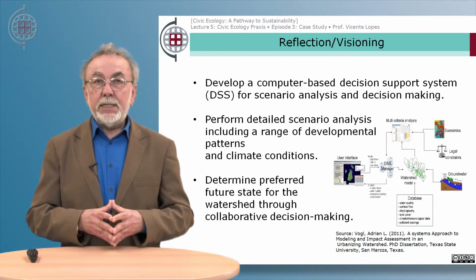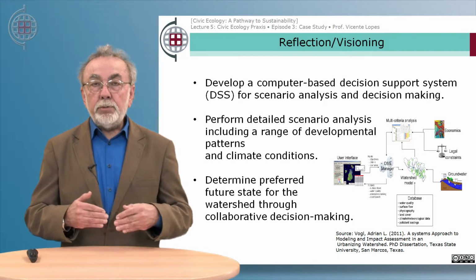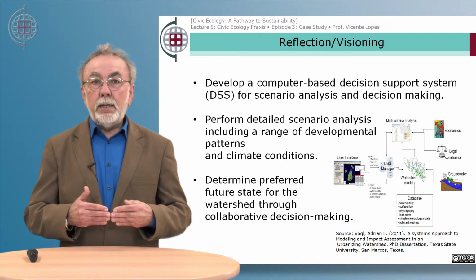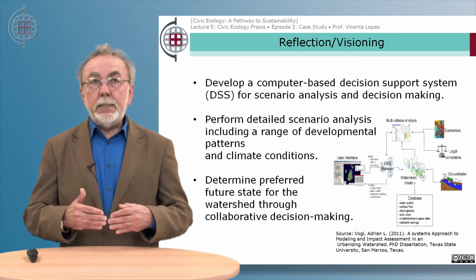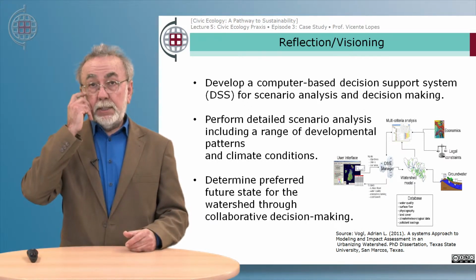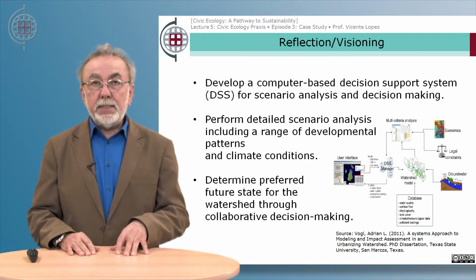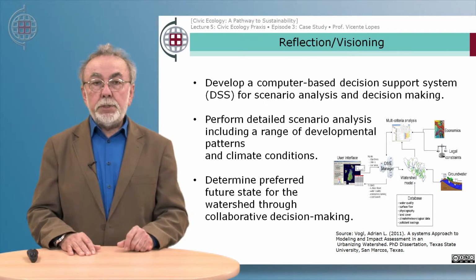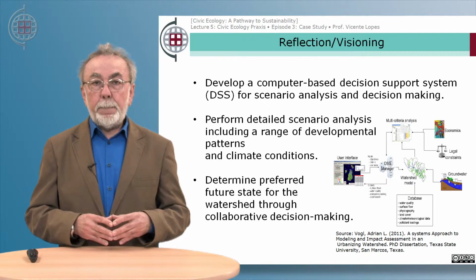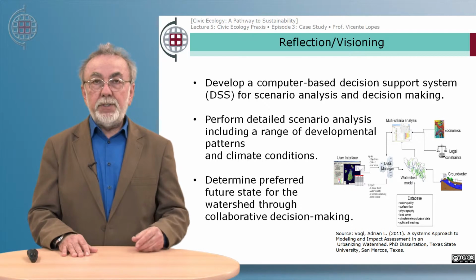What I'm saying is that the issues to be addressed, the components to be built into the model, are up to the stakeholders, because they are more aware of the issues and concerns they want to address in the modeling process. And once that model is in place, it is used to determine preferred future states through a process of scenario development and collaborative decision making.